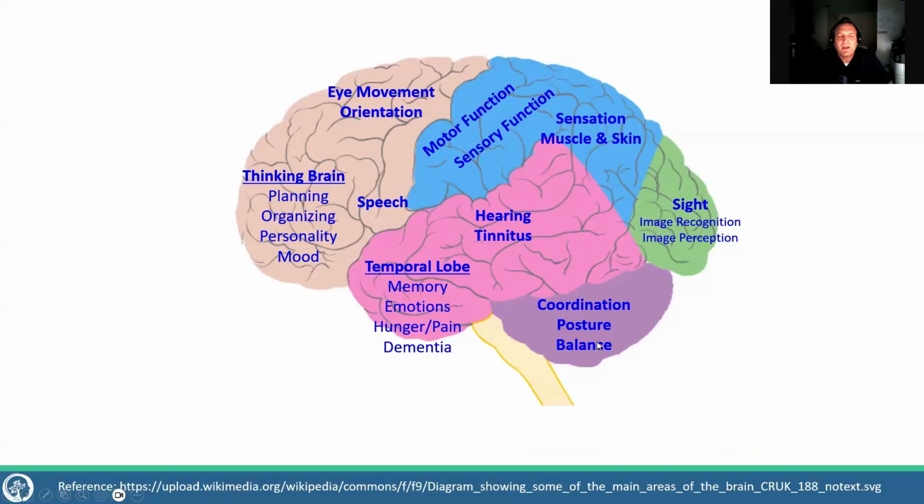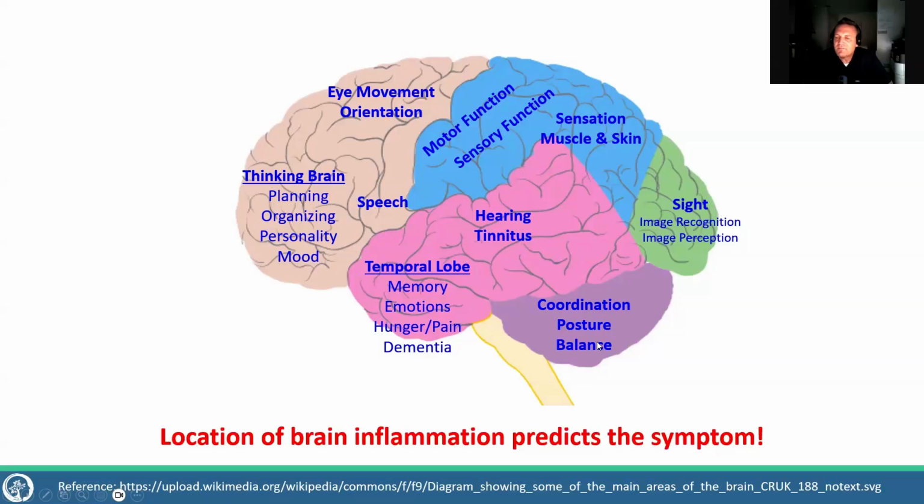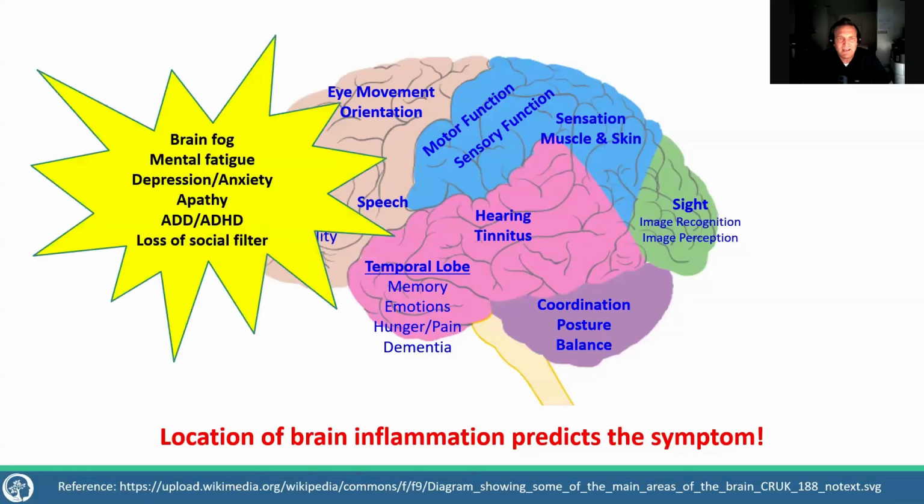So again, remember, the location of the inflammation in the brain in large part becomes a predictor of the symptoms that an individual feels. And so, if we go back to that front part of the brain: fog, mental fatigue, depression, anxiety, apathy, poor focus, and a bad social filter.